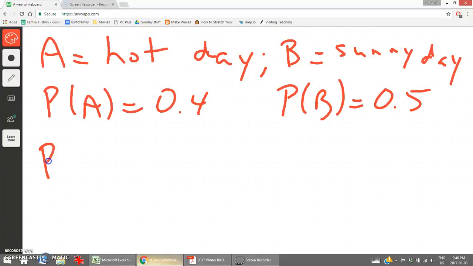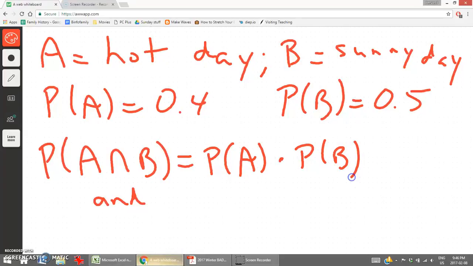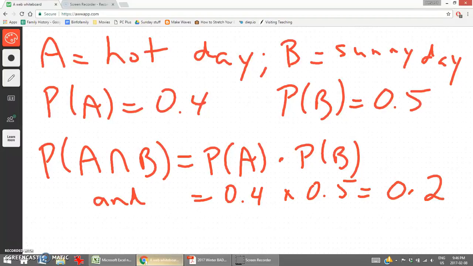So we want to calculate the probability of a hot and sunny day. So that's our symbol. The keyword is and. Both of those happening at the same time. We would write it as those two multiply together. 0.4 times 0.5, which would equal 0.2.